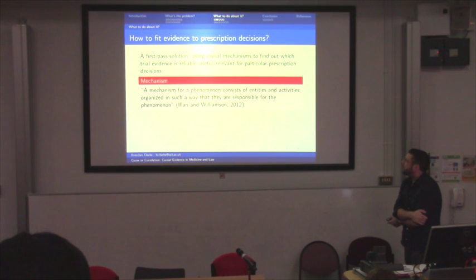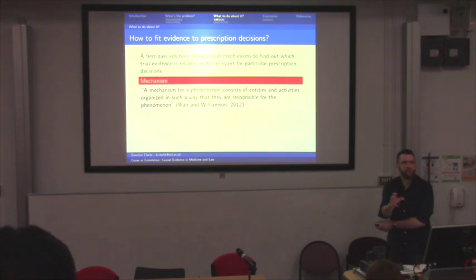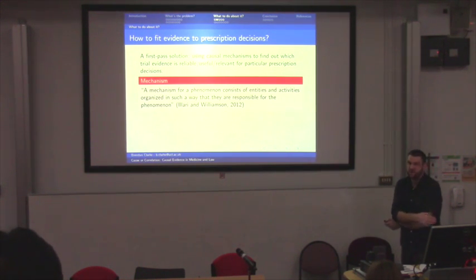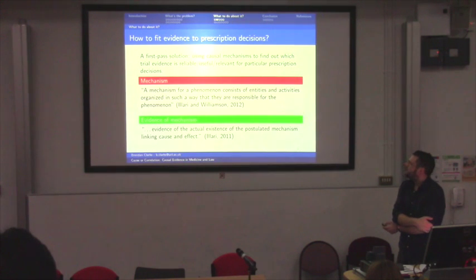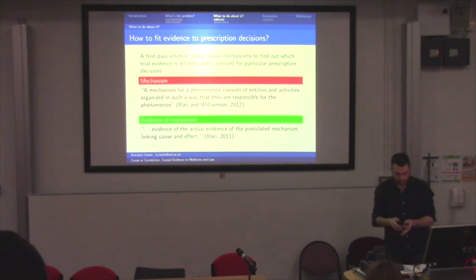Just a reminder, we're talking about mechanisms as some organised, structured arrangement of causally interacting parts or things. And we're talking about evidence of that mechanism, so evidence of the process that's underlying what we see.